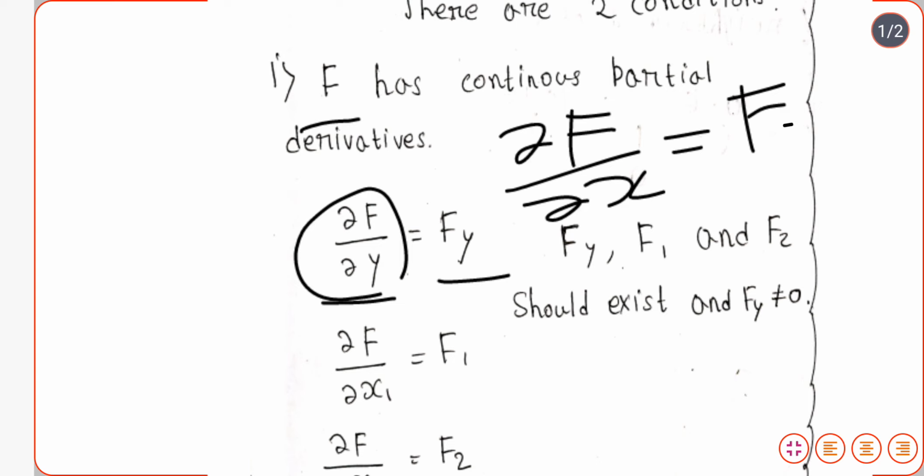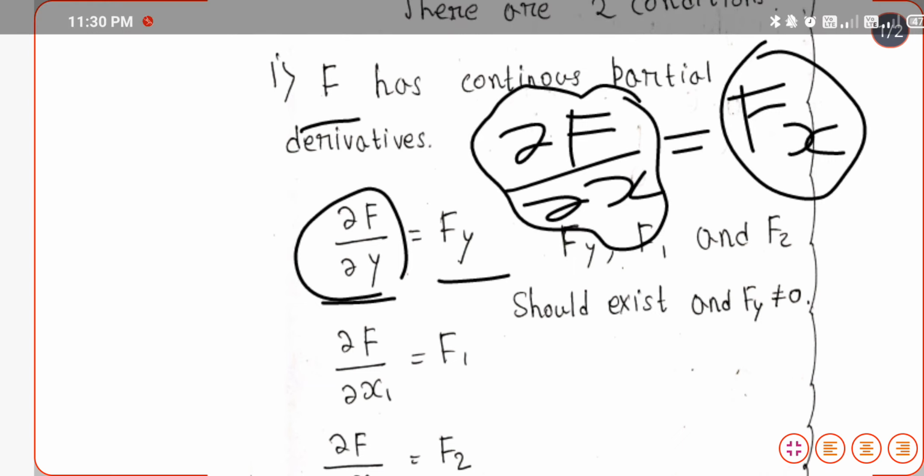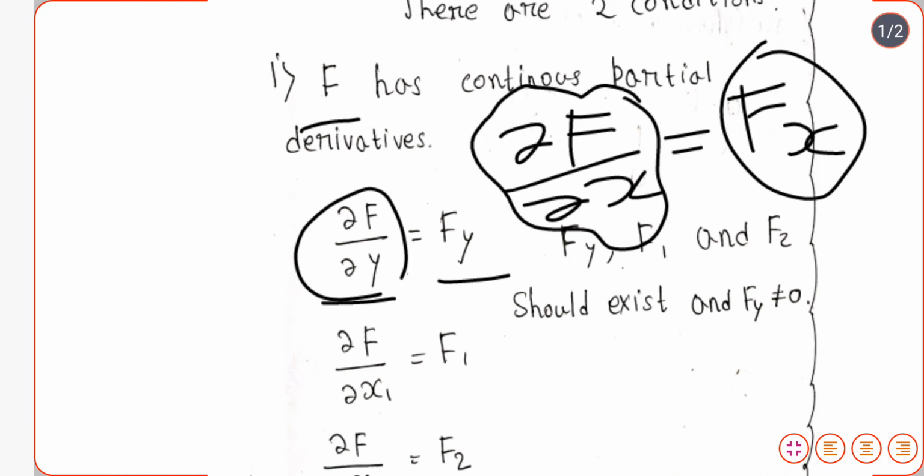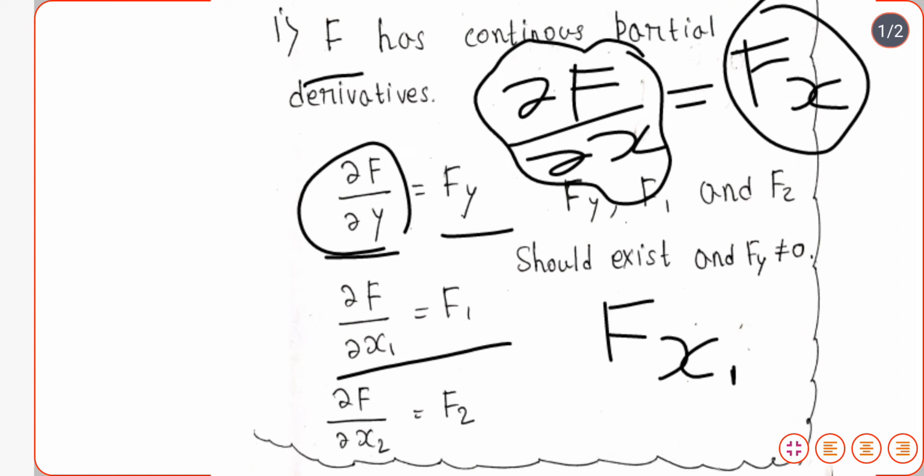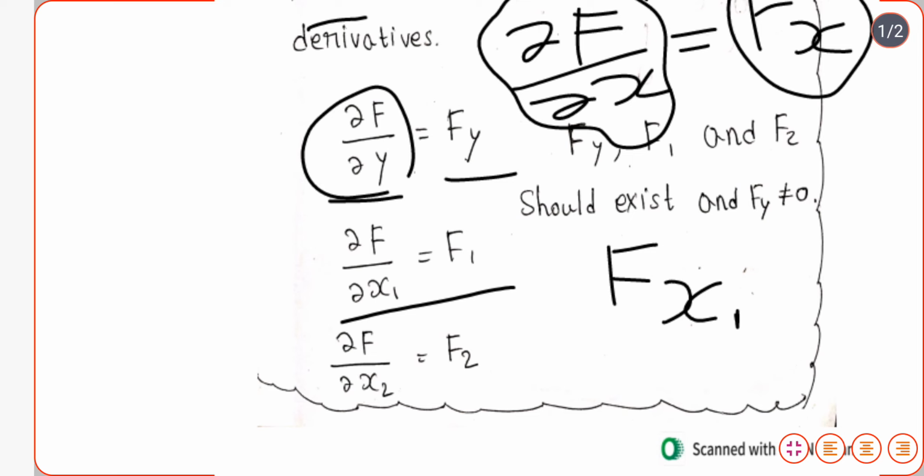It is nothing but assigning del f del x a name, basically storing it as a name. Del f del x1 becomes f1. You can write fx1 also if you want. Similarly, del f del x2 becomes f2.